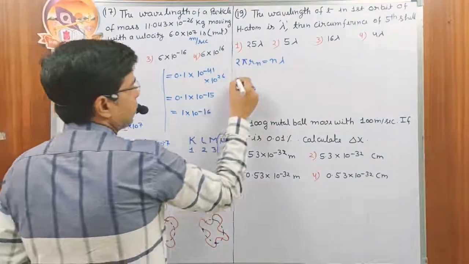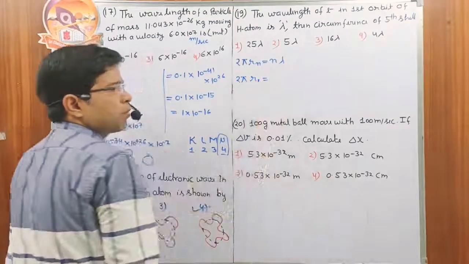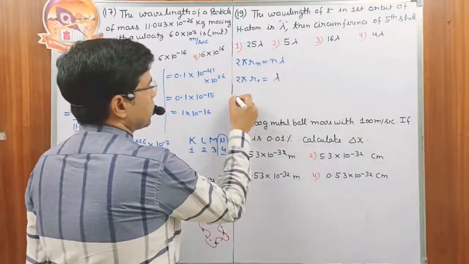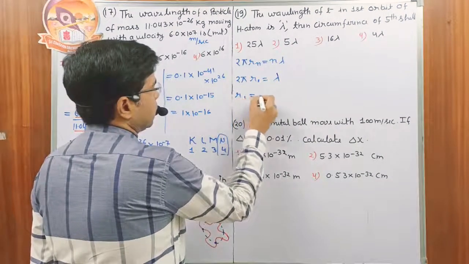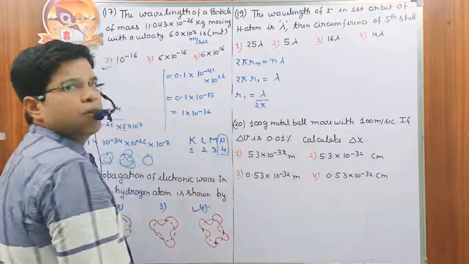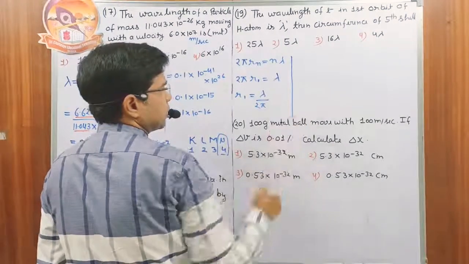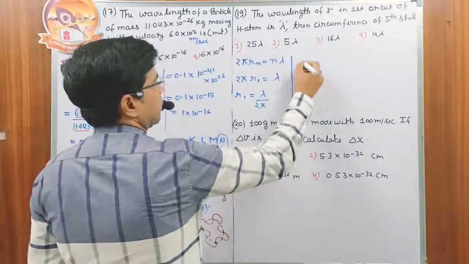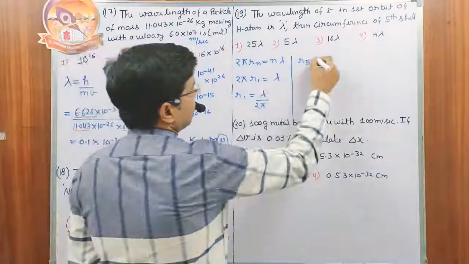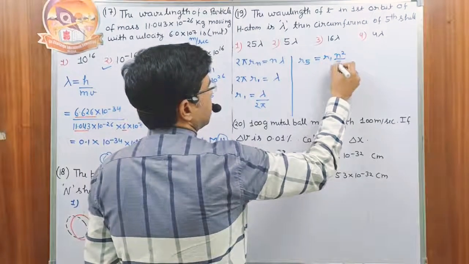So what we have, 2 pi r1 is equal to lambda. So r1 becomes lambda upon 2 pi. This is the value of r1. Then r5, the radius of the fifth orbital, what is that? r1 n square by z.